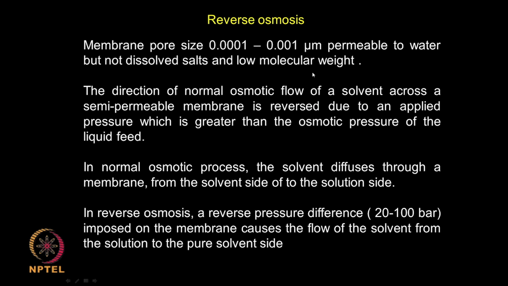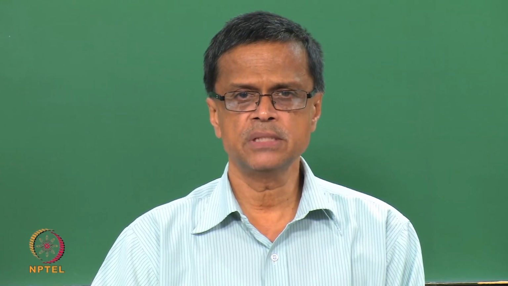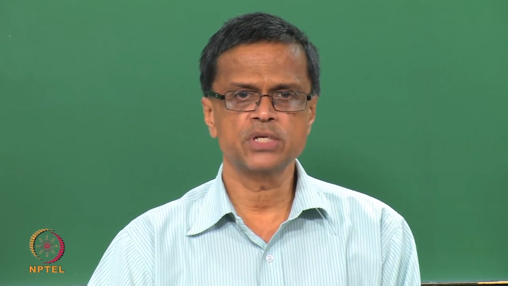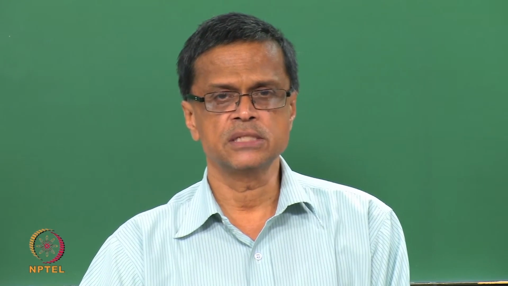In normal osmosis, as I mentioned before, the solvent diffuses through the membrane from the solvent side to the solution side. In reverse osmosis, what we are doing is applying very large pressure, so that the solvent flows from the solution side to the pure solvent side. That is what happens.